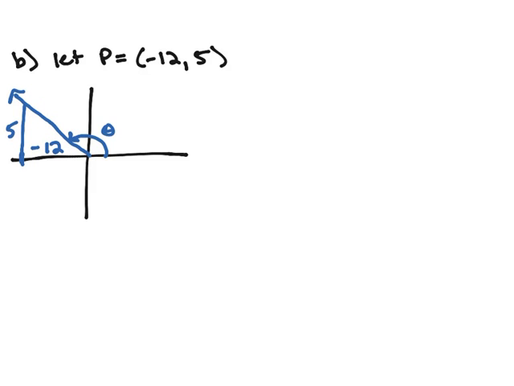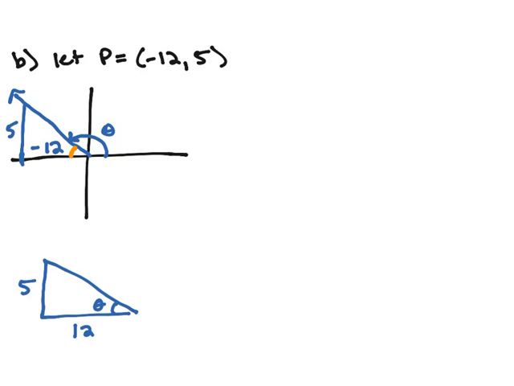But the theta we're going to work off of is the one that comes off of the origin. So the right triangle we're using here has a side length of 12 and 5. There's my theta. We need to find the hypotenuse.